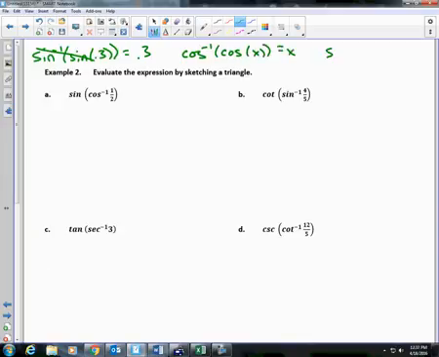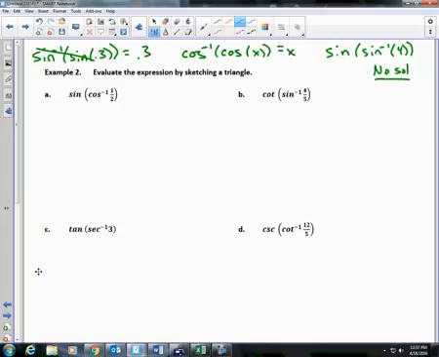What about sine of sine inverse of 4? Can you do sine inverse of 4? No, so we get no solution. A little tricky there, huh? Again, why do you do that? Because I'm a jerk. I woke up on the wrong side of the bed.